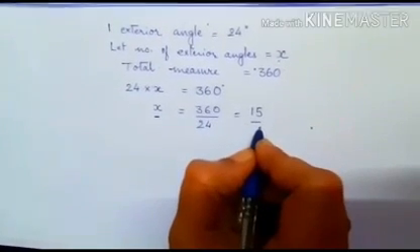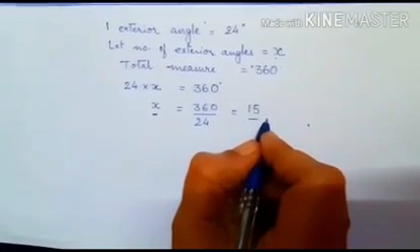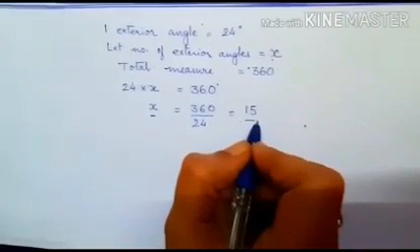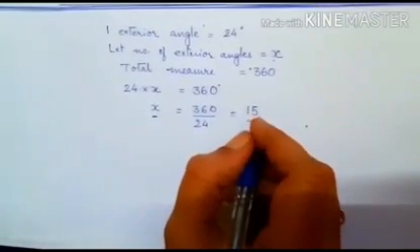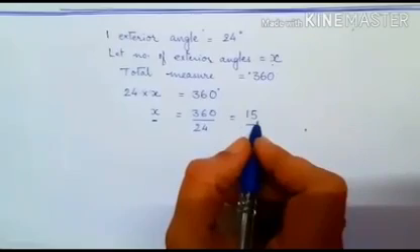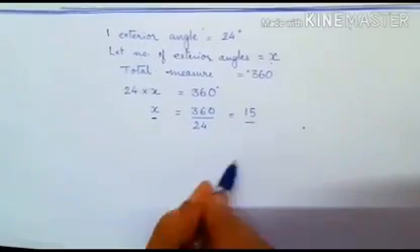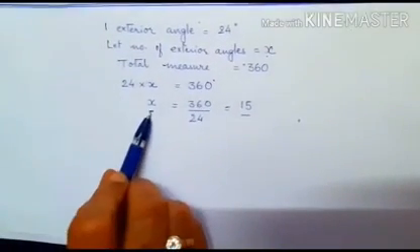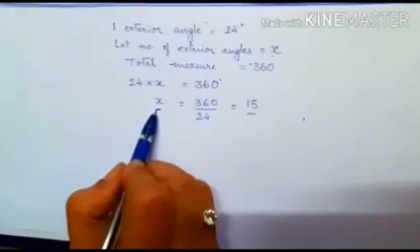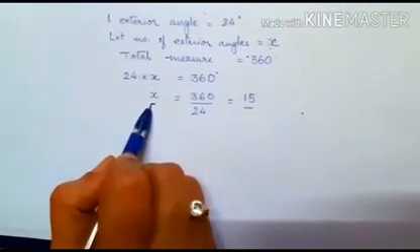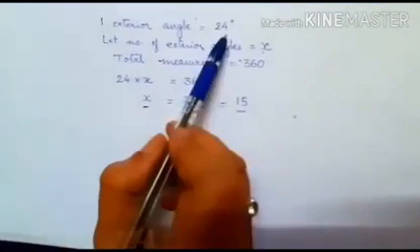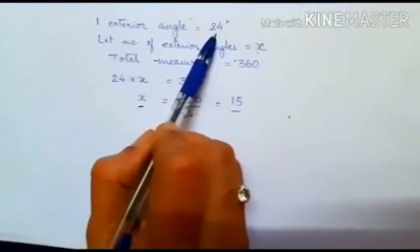So this polygon has 15 equal sides and is called a pentadecagon, or 15-sided regular polygon. This way we can find the number of sides of a polygon if we know the measure of an exterior angle of a regular polygon.